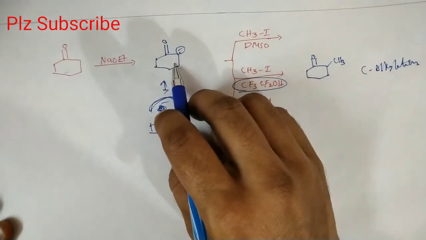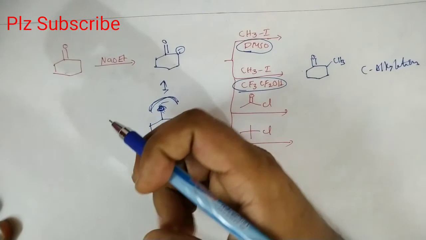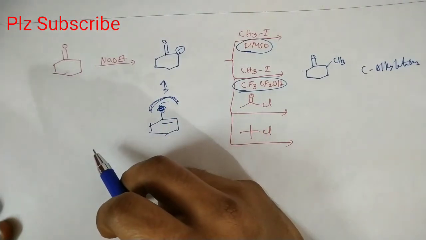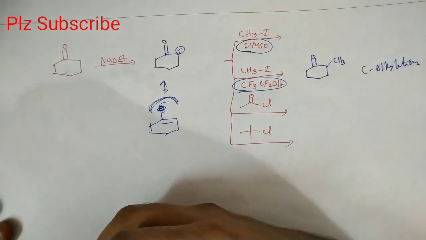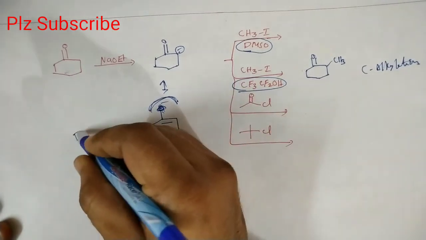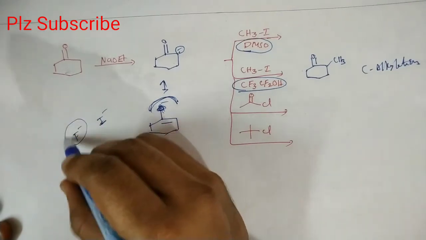Now in this case, DMSO is our polar aprotic solvent. In polar aprotic solvents, smaller atoms are more nucleophilic. For example, F minus and I minus: which is more nucleophilic in DMSO? F minus.